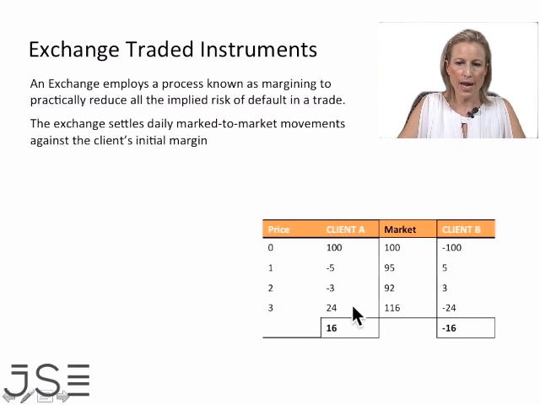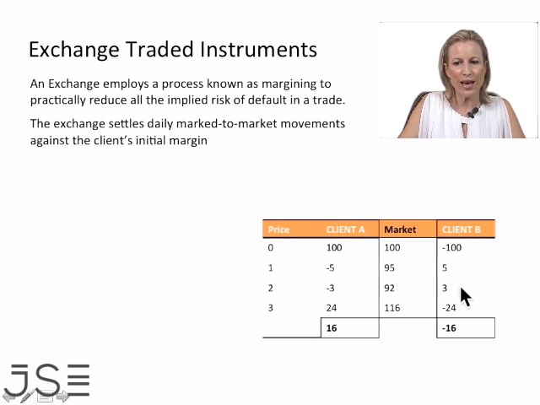But of course, the next day trade takes place. And in our example, rather than continue lower, I've used an extreme price action where the market bounces higher to 116. Now, the difference from 92 to 116 will be reflected in client A as a positive 24 mark-to-market movement value.